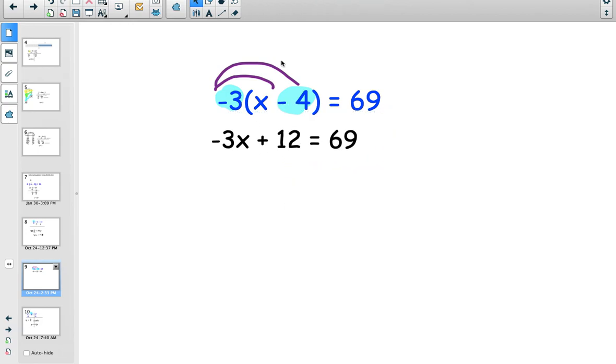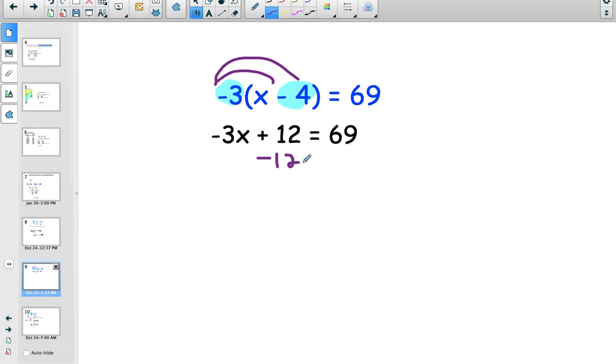All right, so let's get rid of add and subtract first. So I'm going to subtract 12 on both sides. And I'm left with negative 3x equals, what's that, 57.